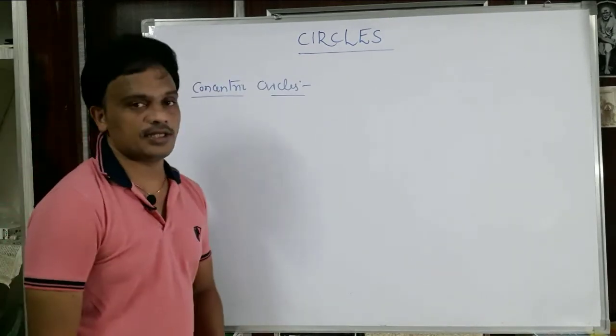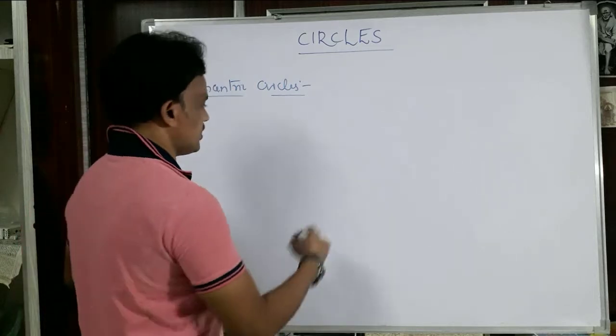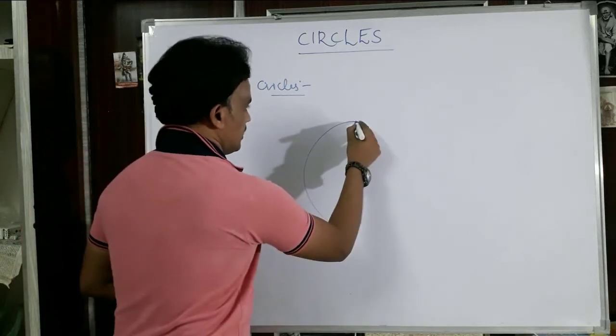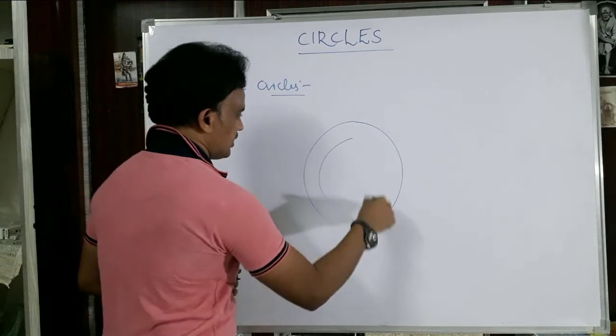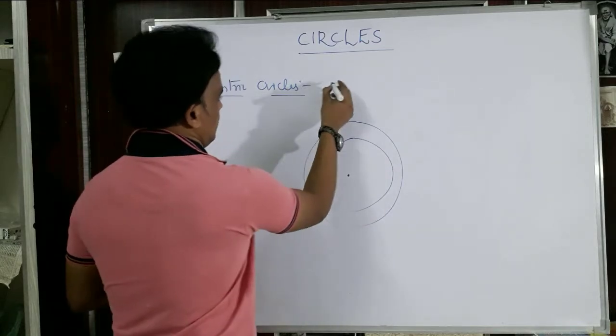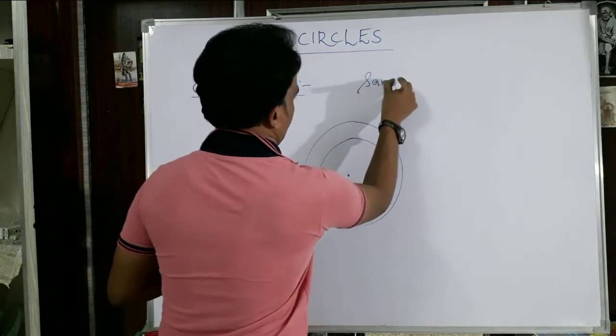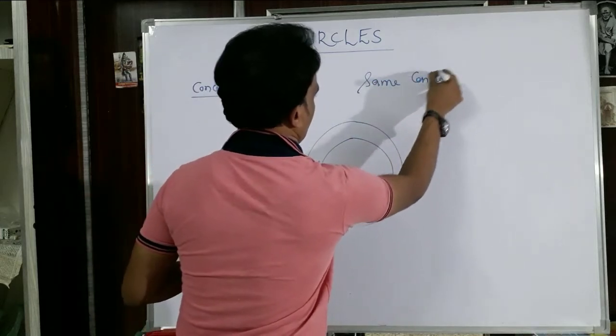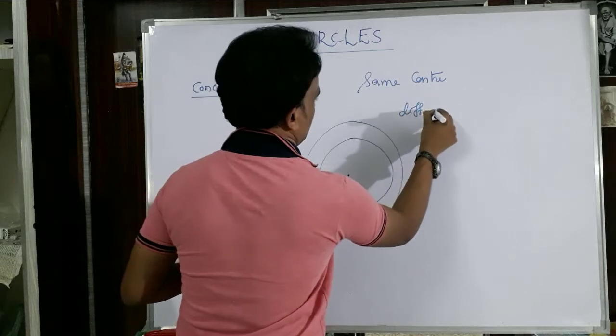The next thing is concentric circles. So, what are concentric circles?